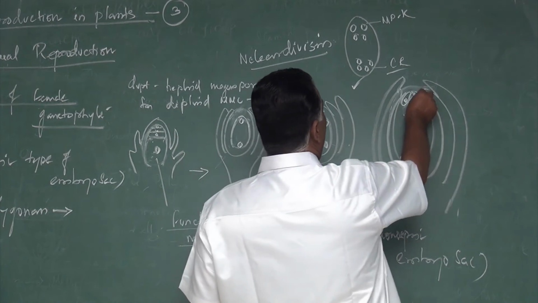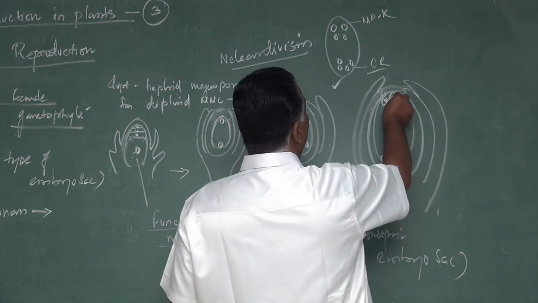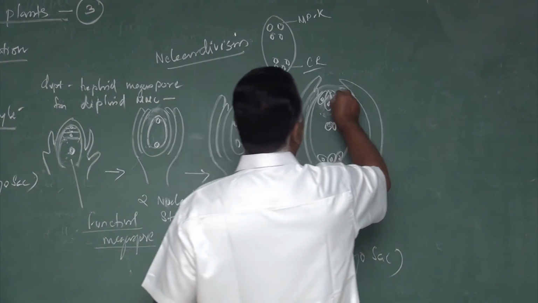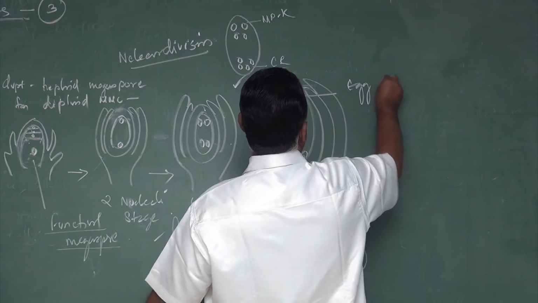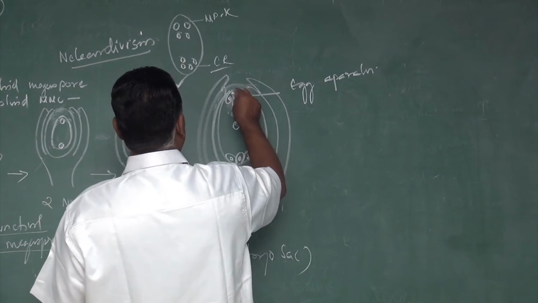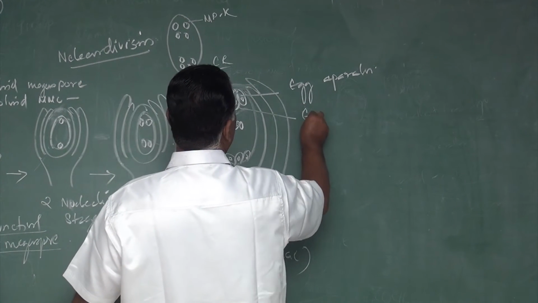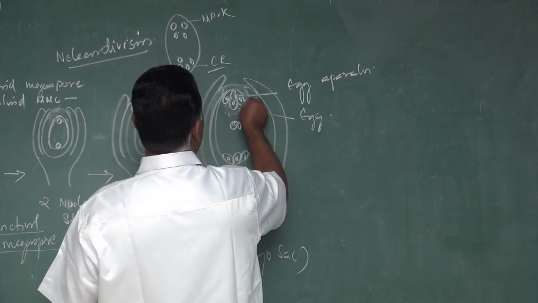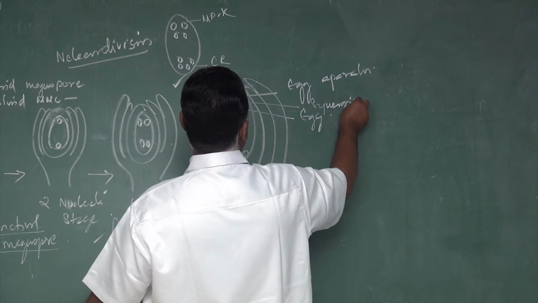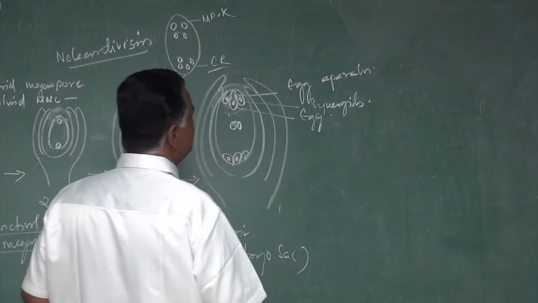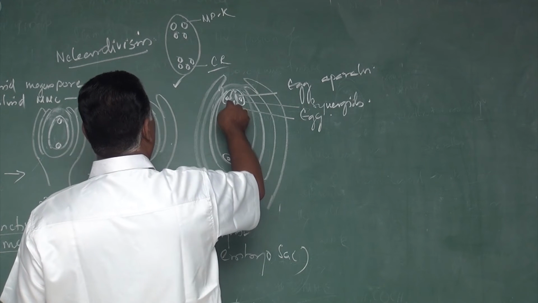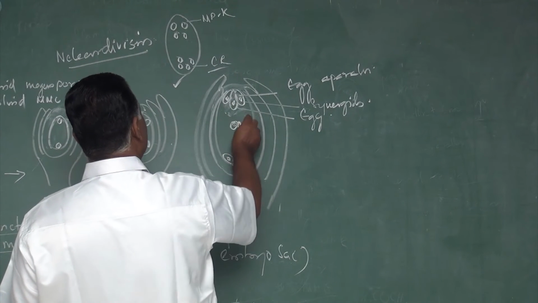Among the 4 in the micropylar region, 3 form a group, and that is called the egg apparatus. At the center there will be the egg, and at the sides there are 2 synergids. Among the 4, only one, the upper polar nucleus, comes to the center.